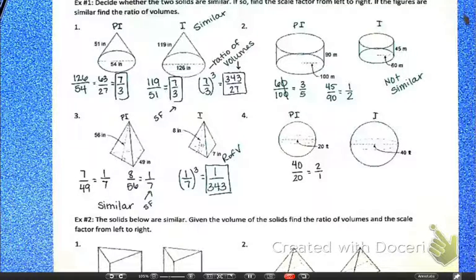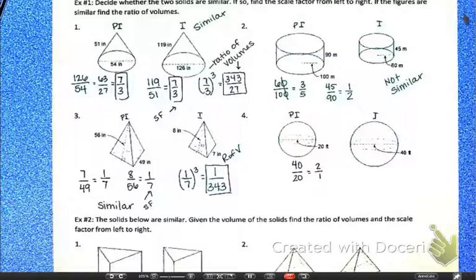All right, any other thoughts? Darian? They are similar because they have the same scale factor. Okay, they're similar because they have the same scale factor. What else? No other groups talked about anything? Everyone said the same thing? They're similar? Why are they similar? They have the same scale factor? Okay.